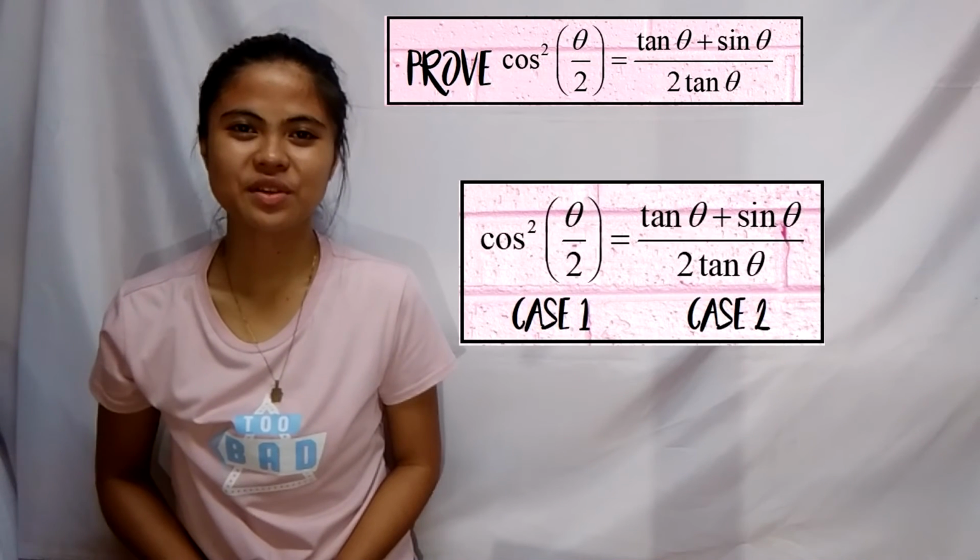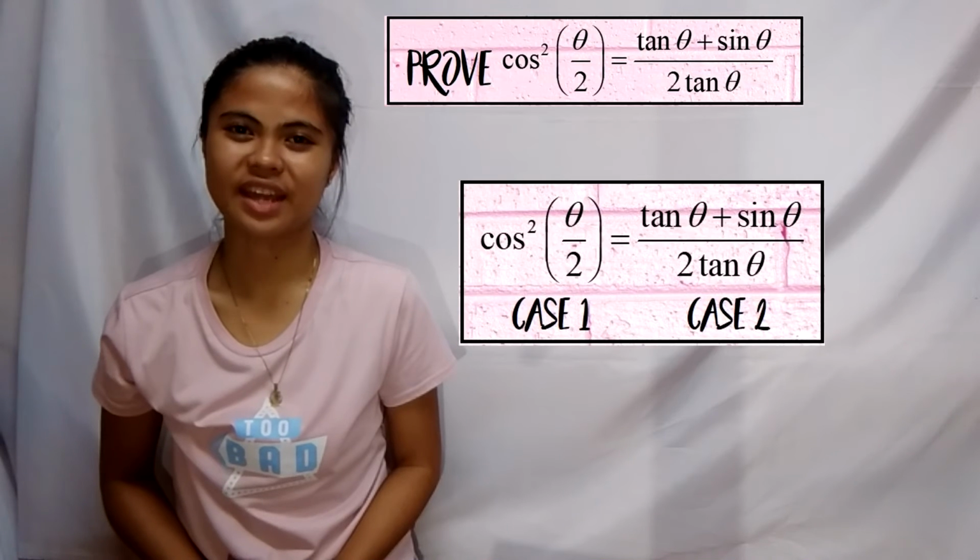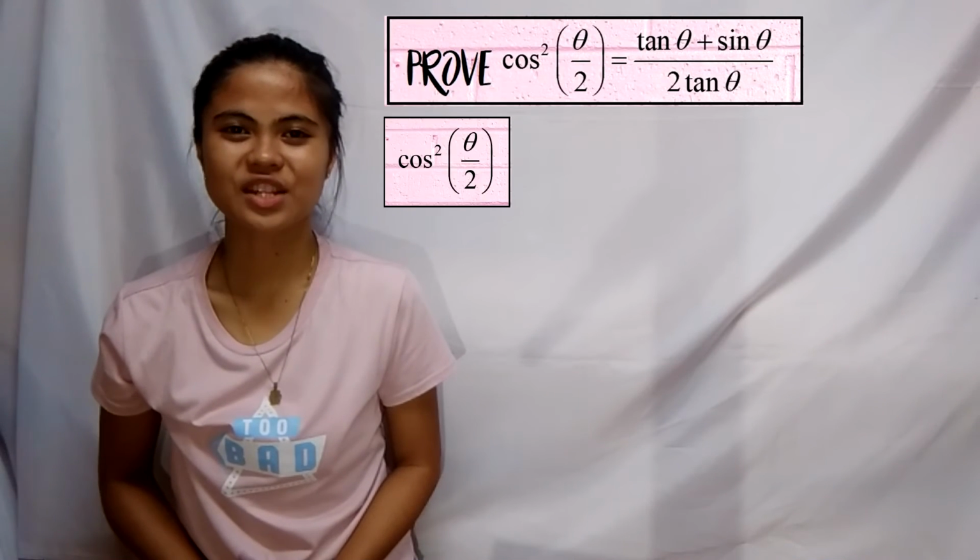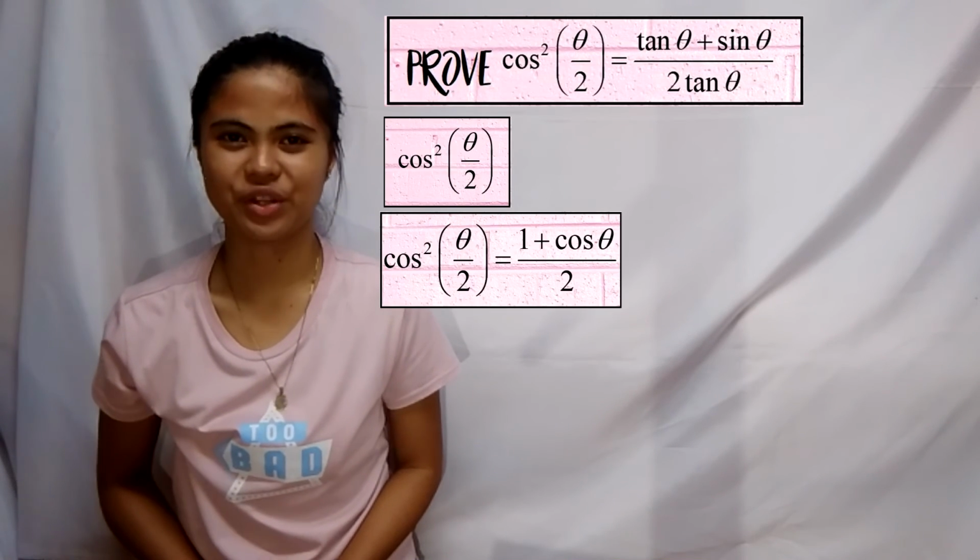For the second example, still the same equation, but we use case number 1, which is to manipulate the left side. That is cosine squared of theta over 2.